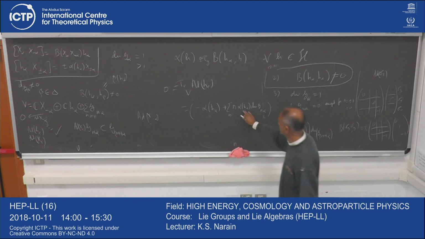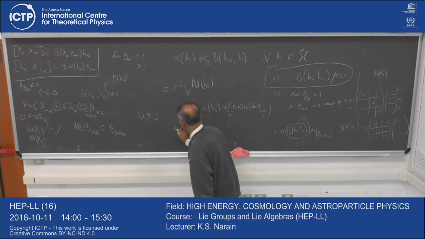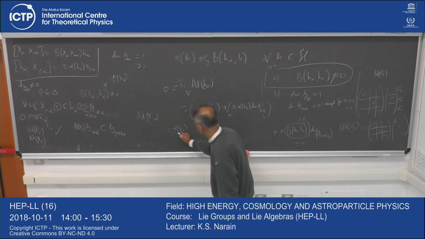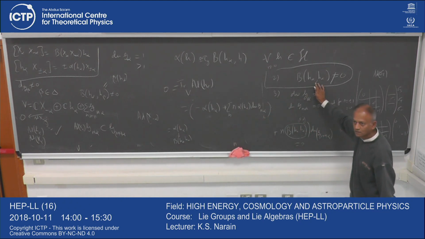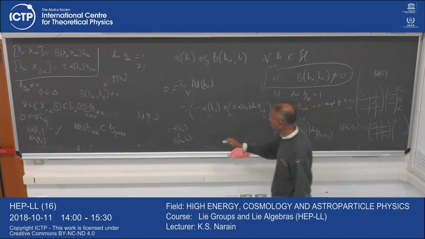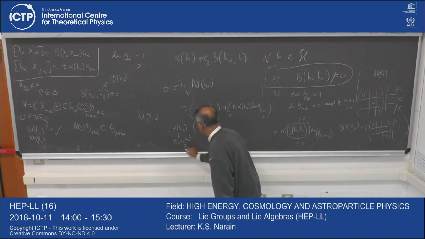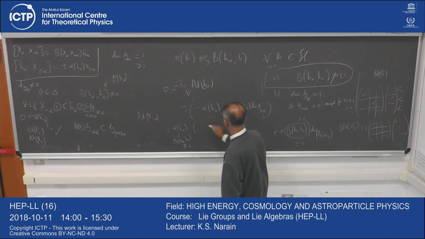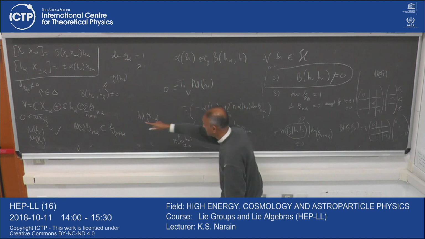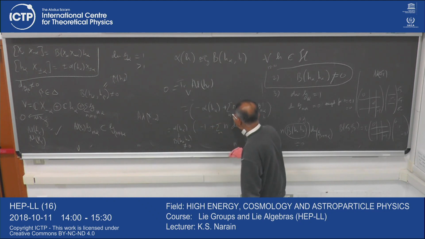So I can take out alpha h alpha, and notice that this is not 0, because this was nothing else but b h alpha, which we have already shown is not 0. So a non-zero number multiplying minus 1 plus n times the dimension of G n alpha, summed over n, where n is greater than or equal to 1, so n is greater than 0.